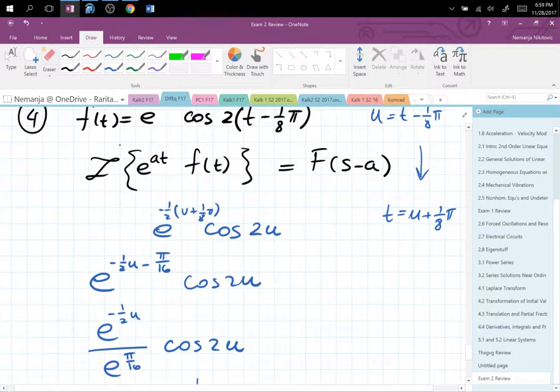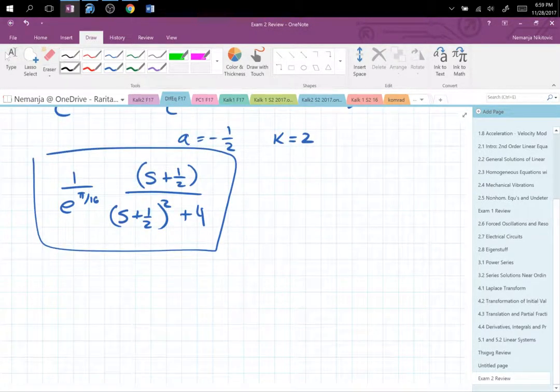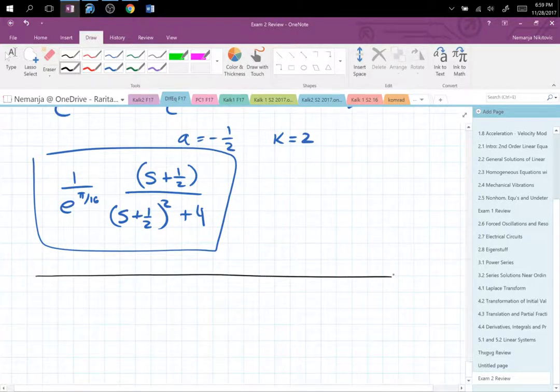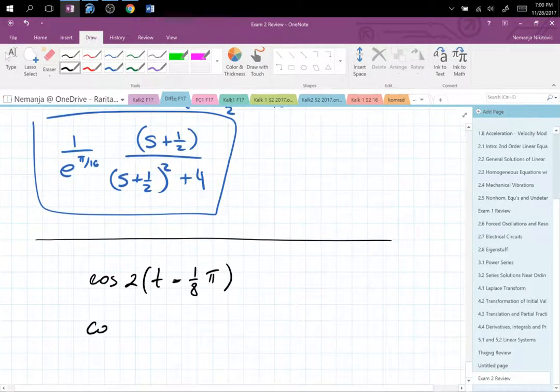I mean, let's see, just real quick. If you have a cosine of 2t minus 1/8 pi, so that would be cosine of 2t minus 1/4 pi, or pi over 4.